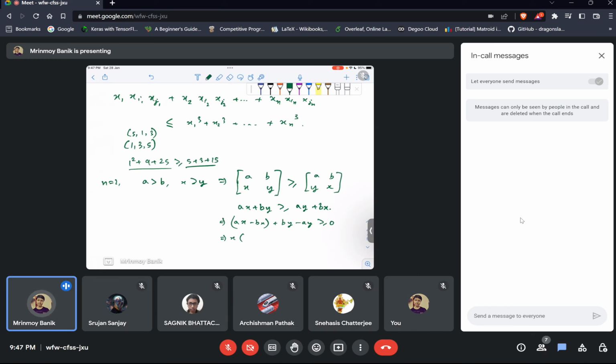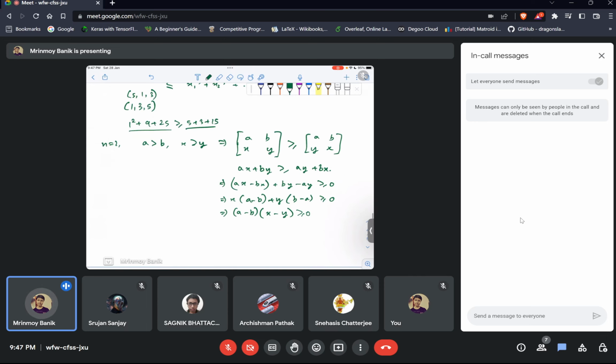Taking common X, we have A minus B. Taking common Y, we have B minus A. So this is A minus B times X minus Y, greater than or equal to 0, which is true since this is a positive quantity. This will be greater than or equal to as long as this is greater than or equal to. Similarly, this.